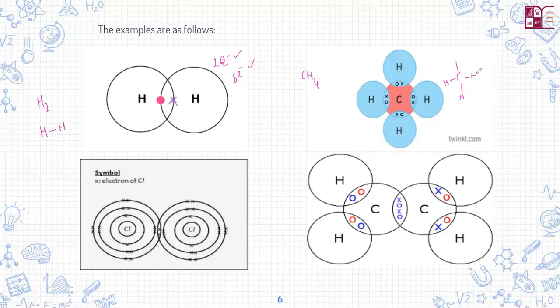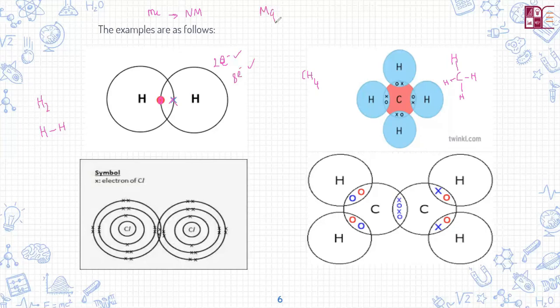All right. One more thing: if the compound has metals and non-metals which are sharing their electrons, always the metals will come first and then the non-metals. For example, magnesium bromide, MgBr2.